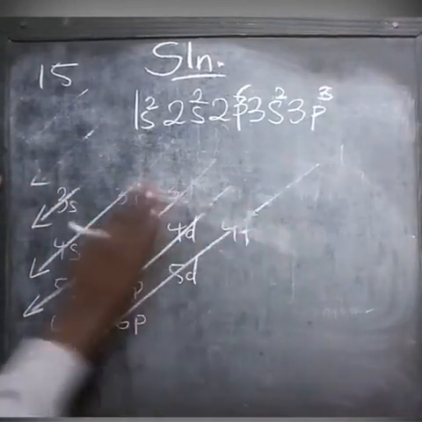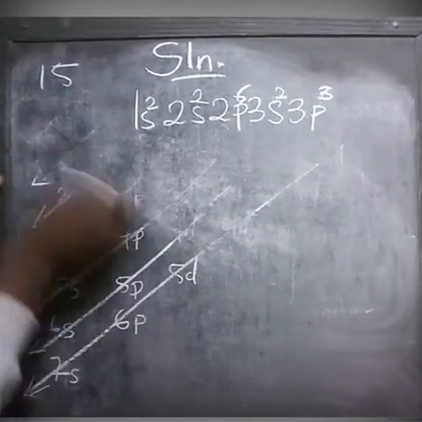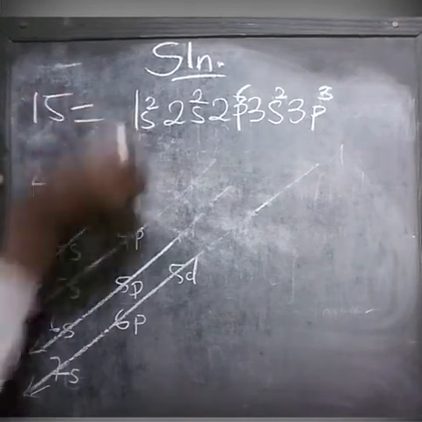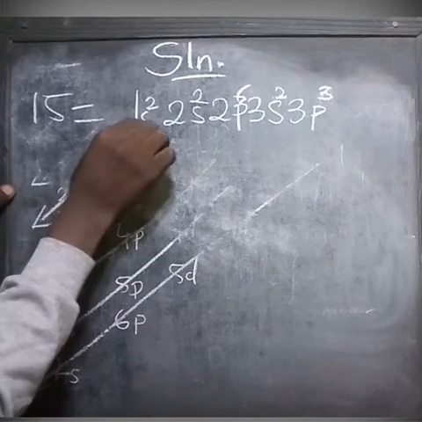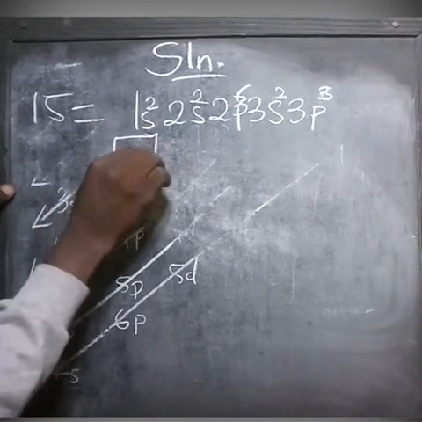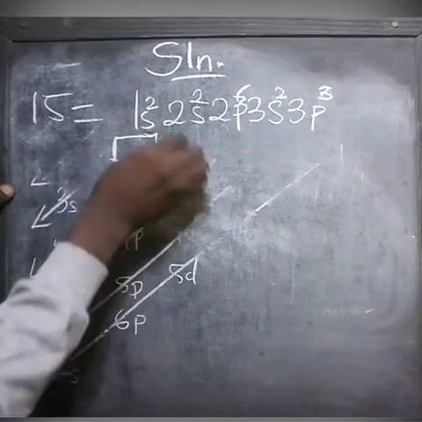So to write the distribution, this S block is always having one degenerate orbital.